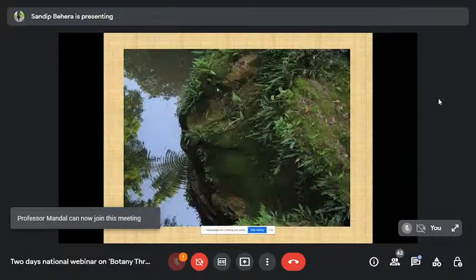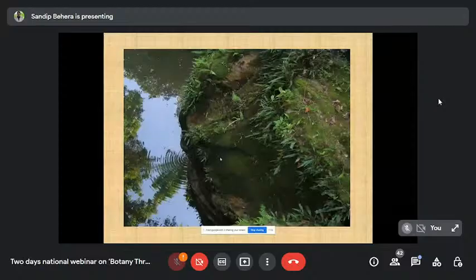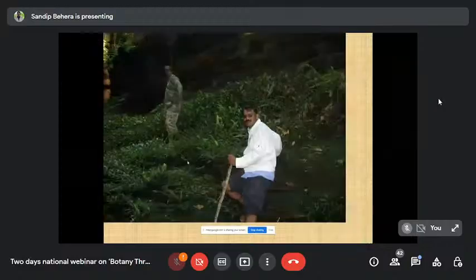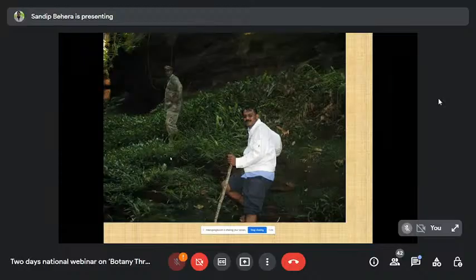So these are some of the locations. It is a photograph in Pachmarhi Biosphere. In Pachmarhi, you need to get down to the ravines, then you will get the ferns. But in the Himalaya, you have to climb the hill. In Pachmarhi, you have to get down near the water bodies in the ravines. This is a photograph of myself, and these are beautiful ferns photographed in the Pachmarhi Biosphere region.